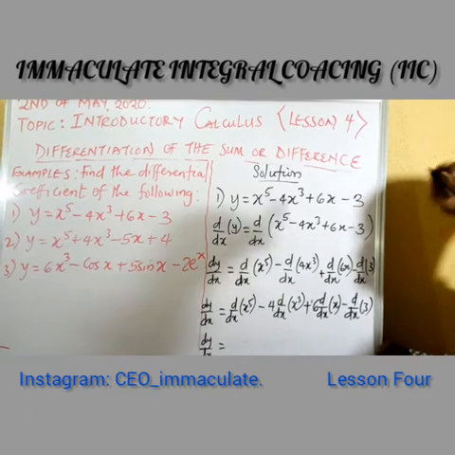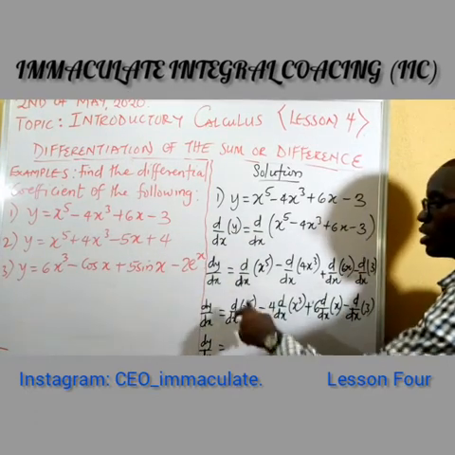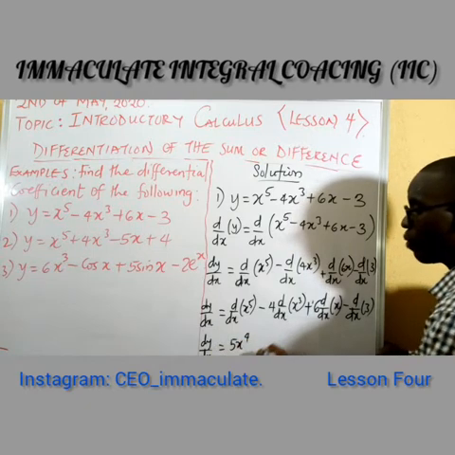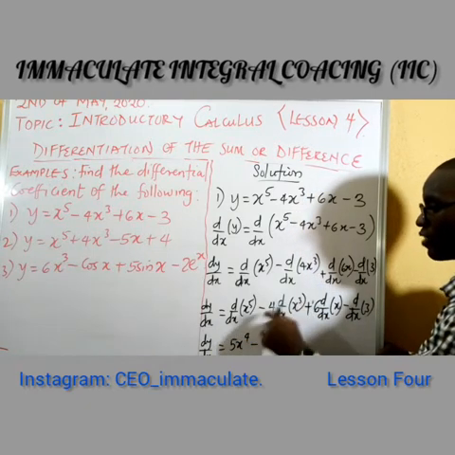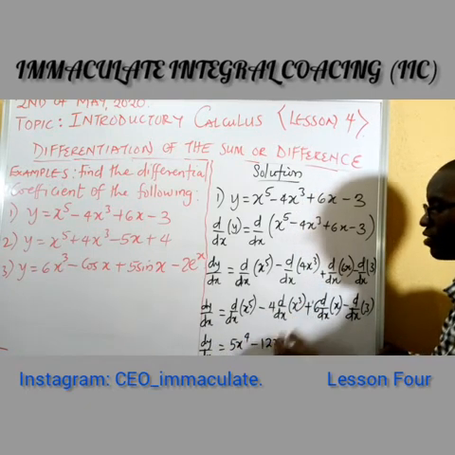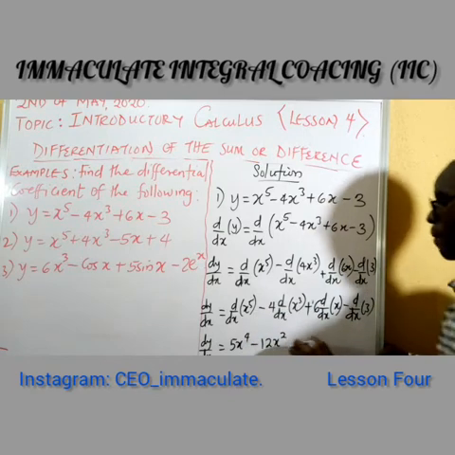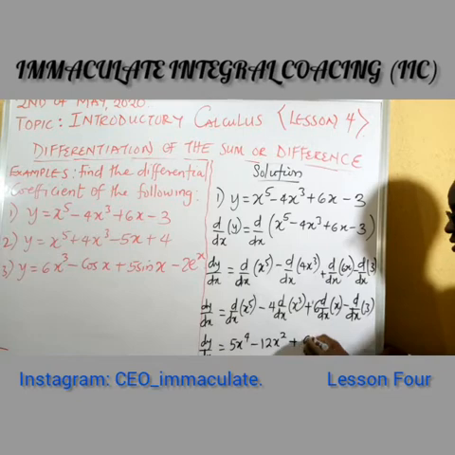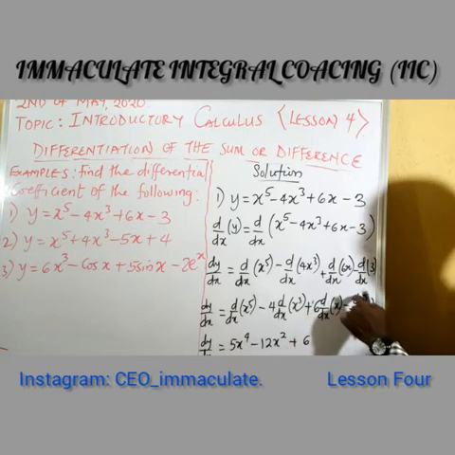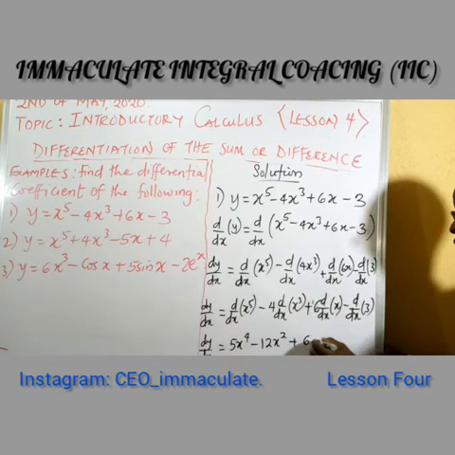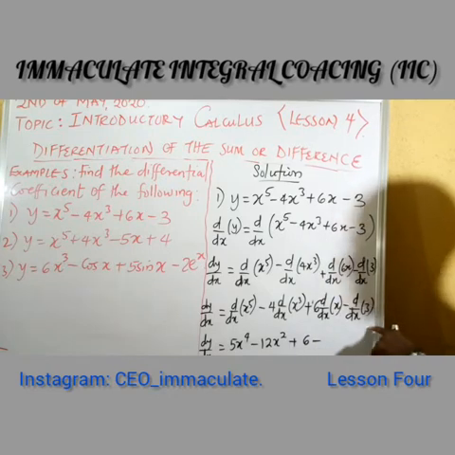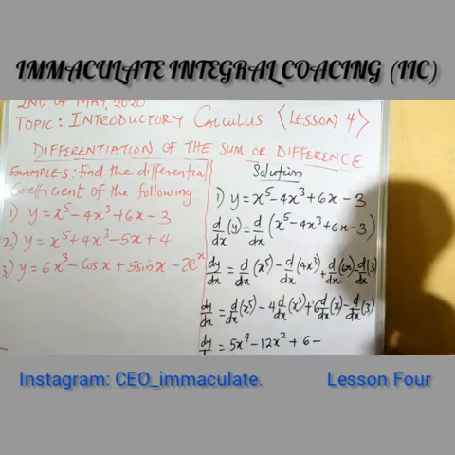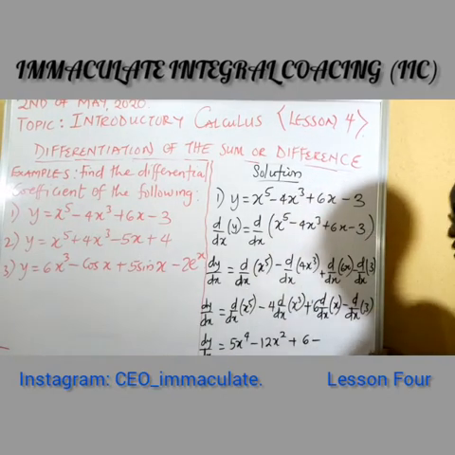From the first rule, it's going to be 5x to the power 4, minus 3 times 4, 12x to the power 2, plus 1 times 6 is 6, x to the power 1 minus 1 is 0, x to the power 0 is 1, minus, if we differentiate a constant, from our previous class, it is surely going to give us 0.